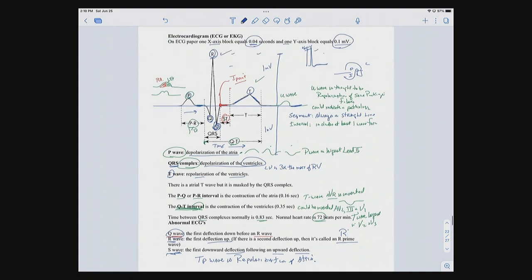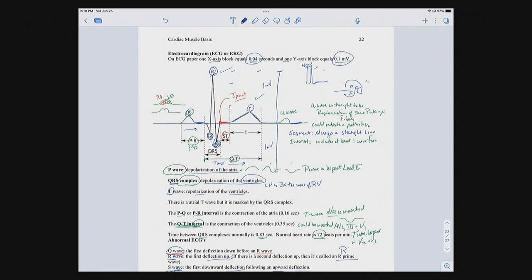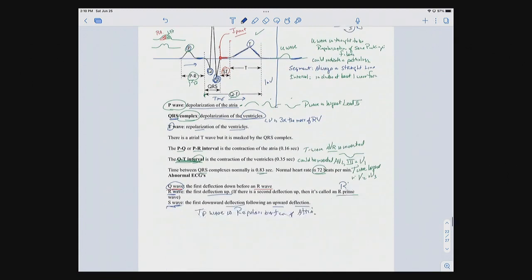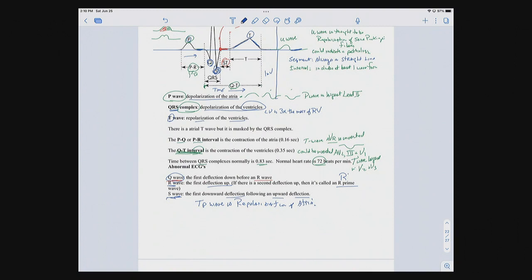Now, you look at this ECG here, you don't see the TP wave. The reason you don't see a TP wave is, when is the atria repolarizing? It is repolarizing during ventricular depolarization. So the QRS complex covers up the TP wave. So you normally don't see it.